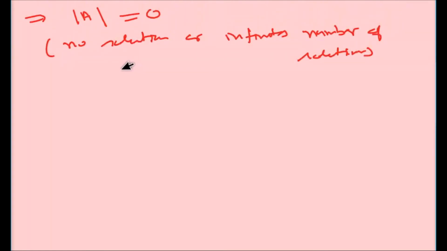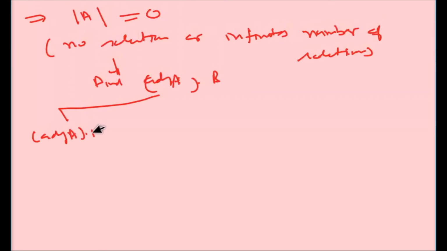Then what do we have to do? First we check the product of adjoint A into B. If we find the result is not 0, then we can write the answer: no solution. If no solution, then the system is inconsistent.